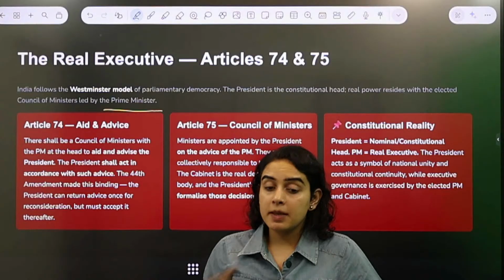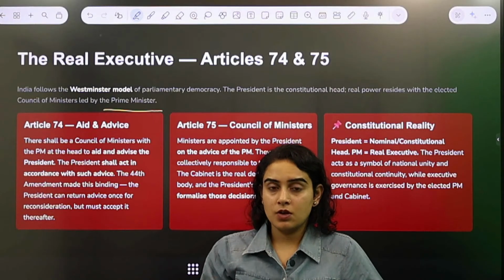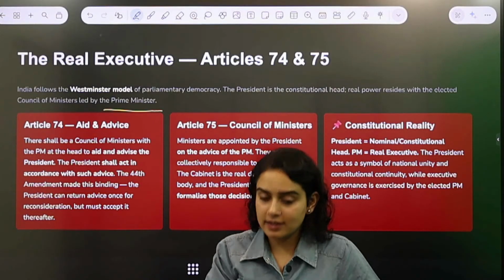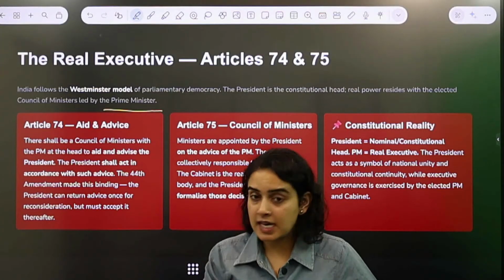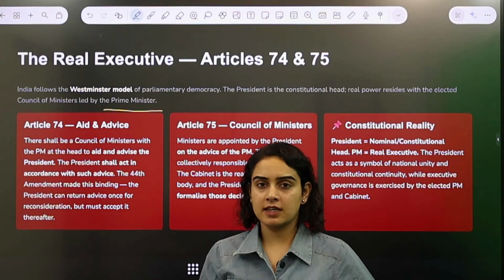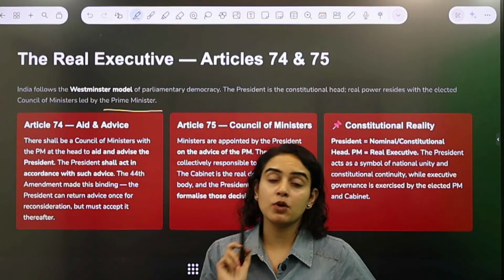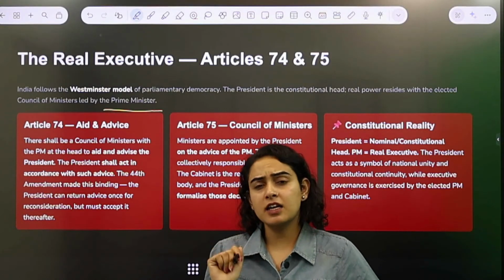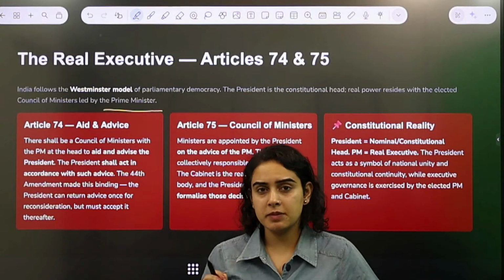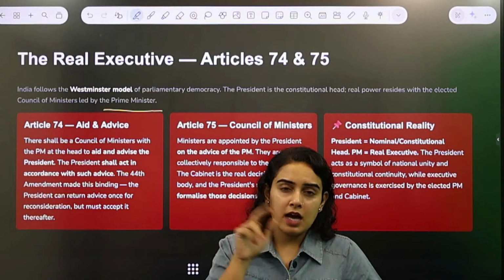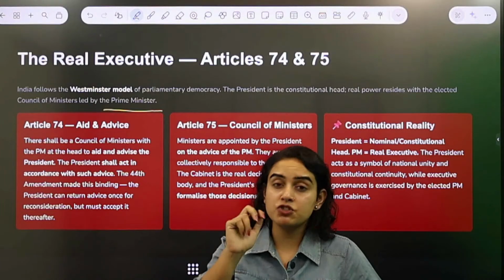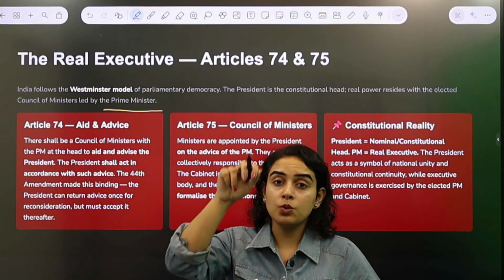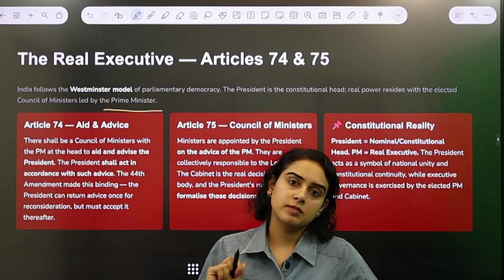So implementation or execution of the law at the ground level with the citizens directly is done by the executive through the government employees, through your IAS officers, IRS officers, IPS officers, all of them. But all of them are answerable to the ministries, and the ministry is answerable to the parliament, right?